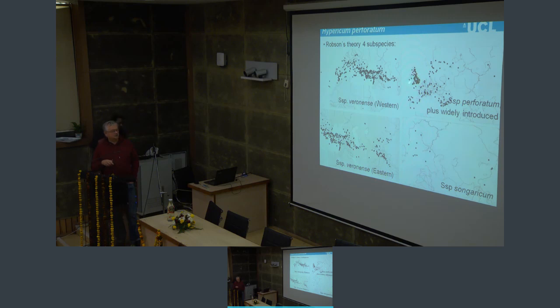The other one is called perforatum. This little area here is the UK, and here you have Central Europe, and here the southern region. It's a species which is also very, very widely introduced. You find it in Australia as a weed, in South America, North America, etc. A very unusual and rare one, as you can see here, is songaricum, which you basically find in the far extreme southeast of Europe and in Western Asia.